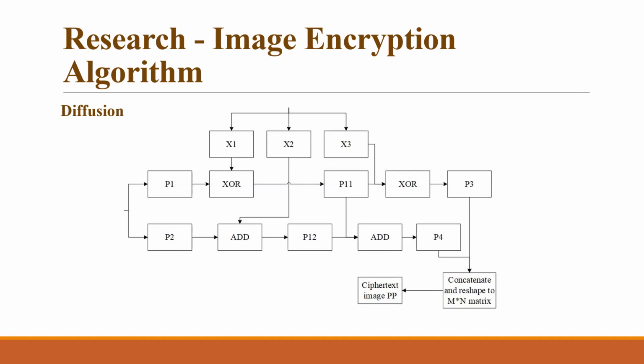Finally, concatenate the results of step 3 and step 4 to obtain a one-dimensional matrix with m times n elements, and then reshape it into a two-dimensional matrix to obtain the cipher image. At this point, the encryption process is over.